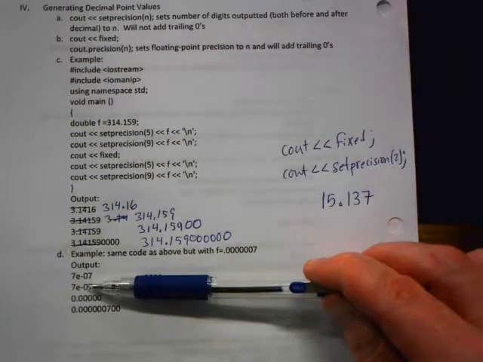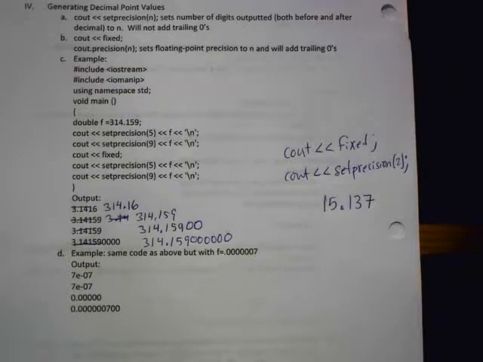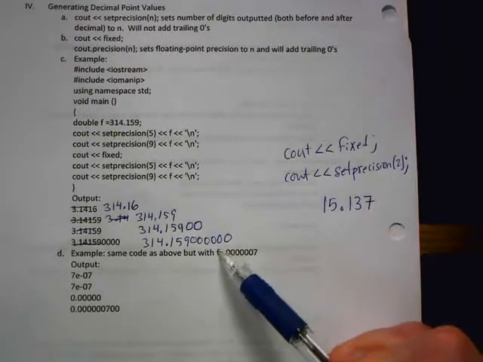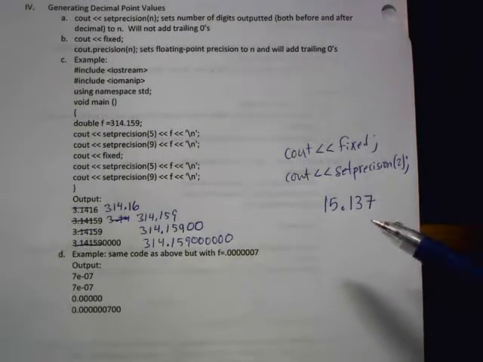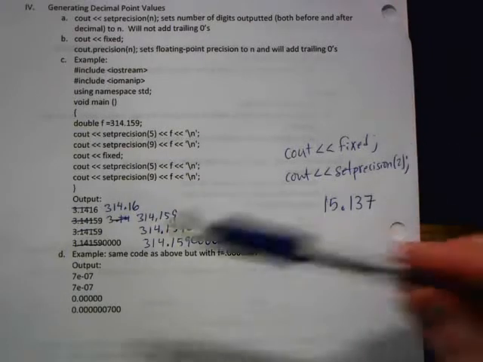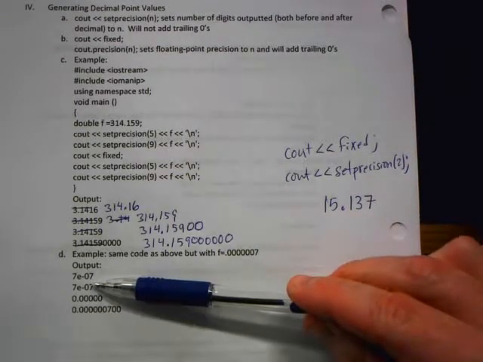How come? Because it would want to print the leading 0. It would want to print 0.0000, and again, there's too many digits there, so it will give you that in scientific notation.